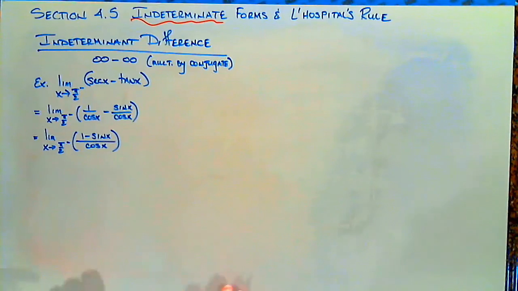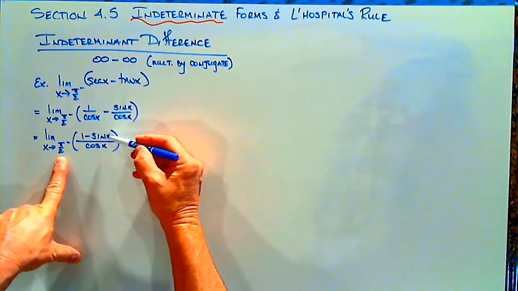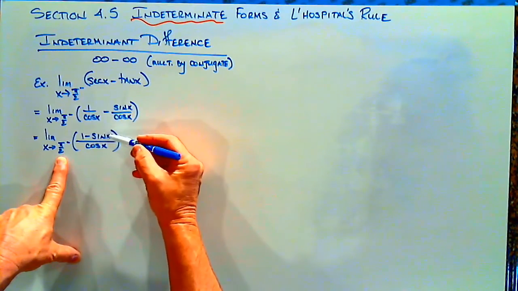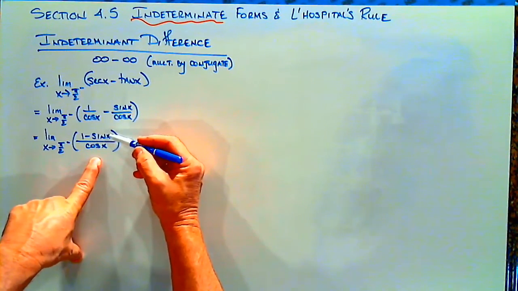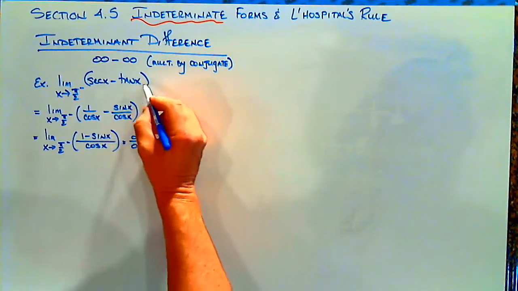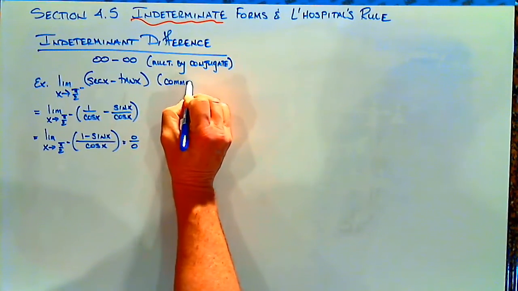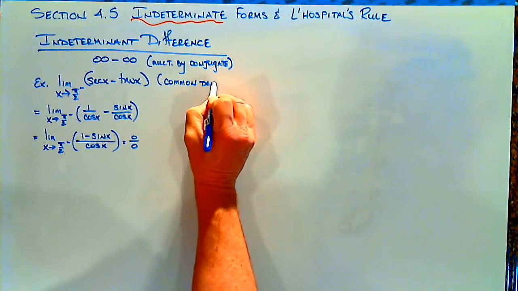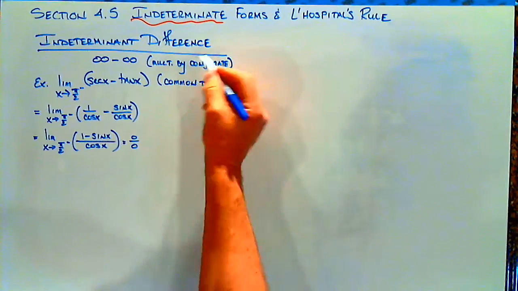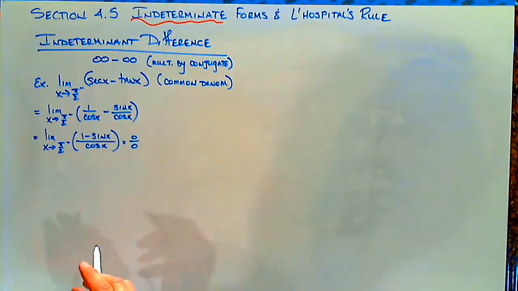What happens if we plug in pi over 2? Sine of pi over 2 is 1, so we get 1 minus 1, and cosine of pi over 2 is 0, so we get 0 divided by 0. Here, we found our solution by getting a common denominator. So multiplying by the conjugate, getting a common denominator, that's how we address the indeterminate difference.